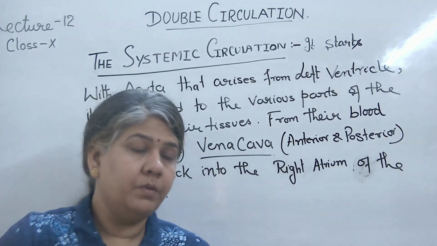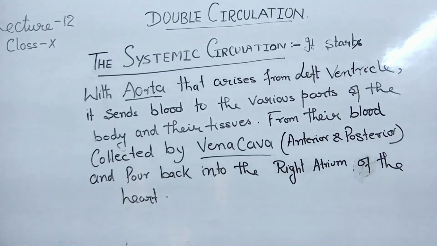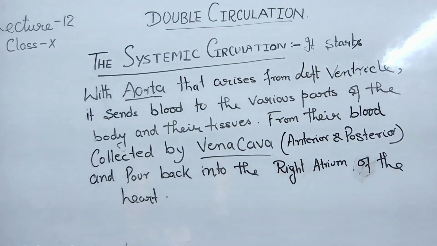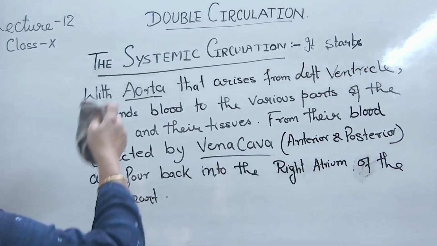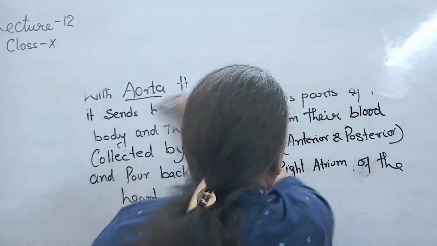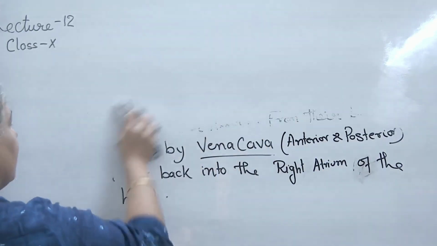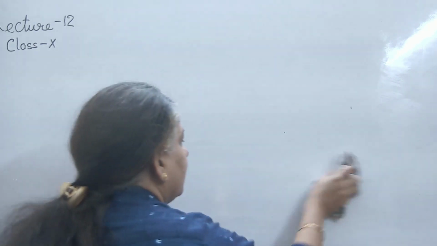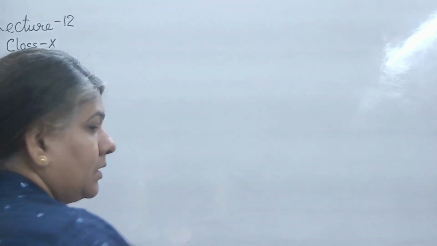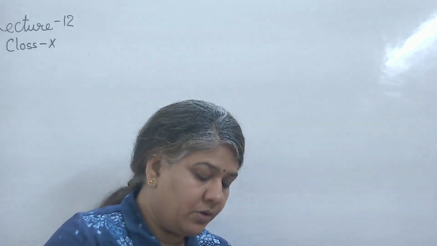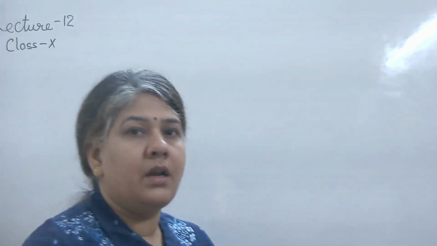So next we'll take up single circulation, which is present in fishes. So you may take a screenshot. The fishes have two-chambered heart. See, previously I mentioned that human heart is the most evolved heart, or mammalian heart is the most evolved heart.